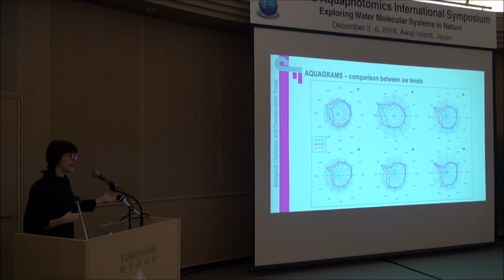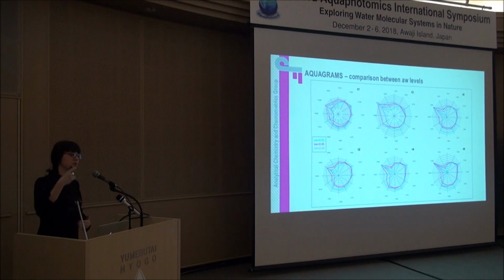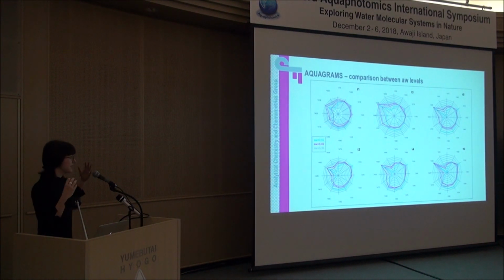So what we are looking at is that the higher the water activity, the stronger the degradation process. The lower the water activity, the lower the degradation process. So we were quite happy about this, because it's in line with what we know about water activity. And another important thing that arises here is the importance of this band. What is this band?